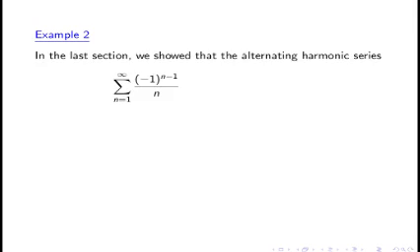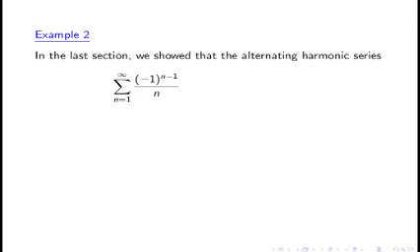Let's look at another one. Let's remove the square in the denominator. And now we've got what we call the alternating harmonic series. So it's (-1)^(n-1), in this case now divided by n, not divided by n squared. Now, how is this going to differ from the previous one?